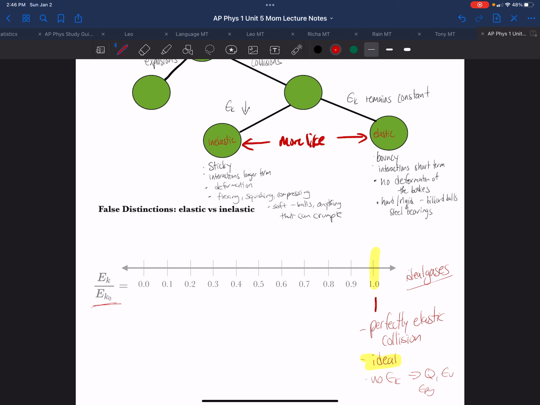Well, similarly, to get a ratio of 0 would mean that there would be no kinetic energy afterward. Let's imagine that. We have this object that has a velocity equal to 0. We've got some other object that comes in and collides with it. Is it possible for the system to have a 0 velocity afterward? Can this first ball 1 hit ball number 2 and both of them come to a complete stop?